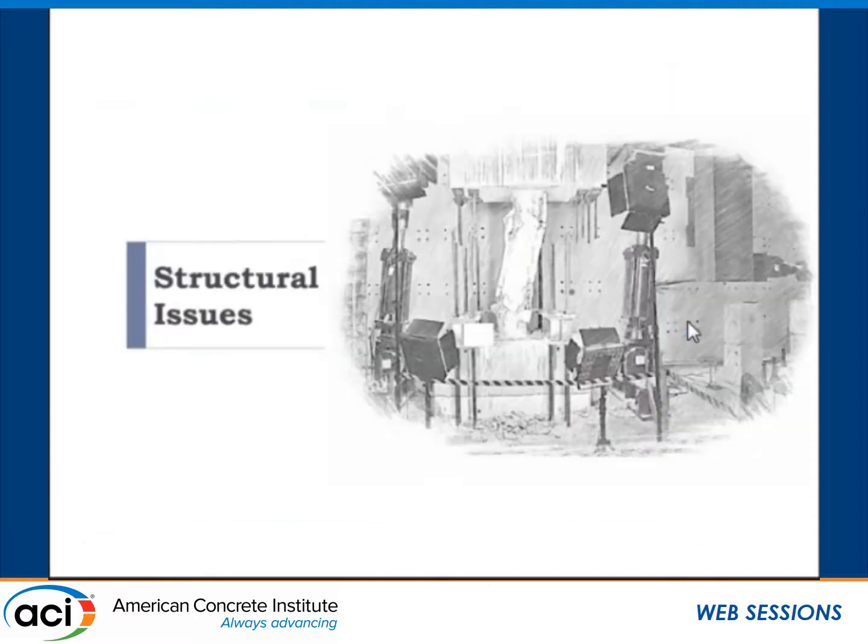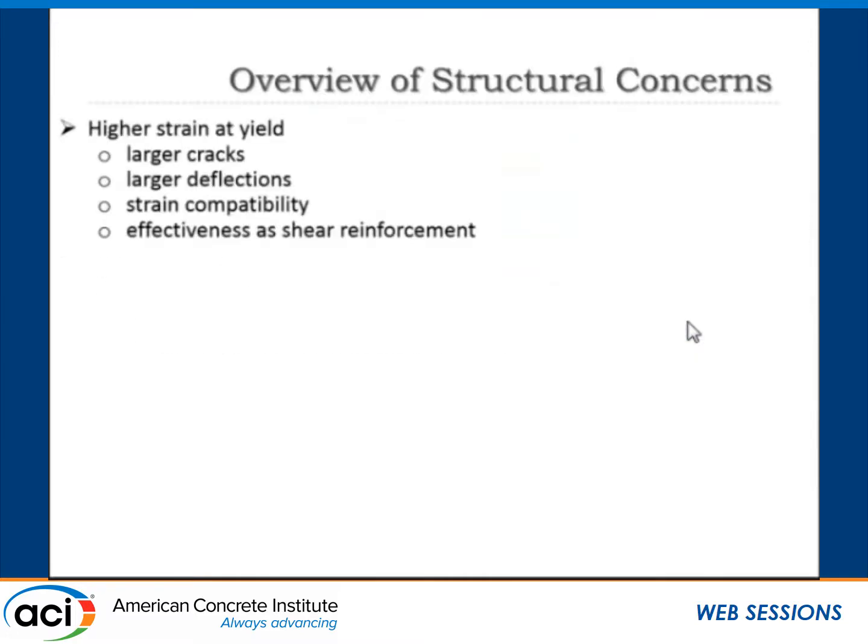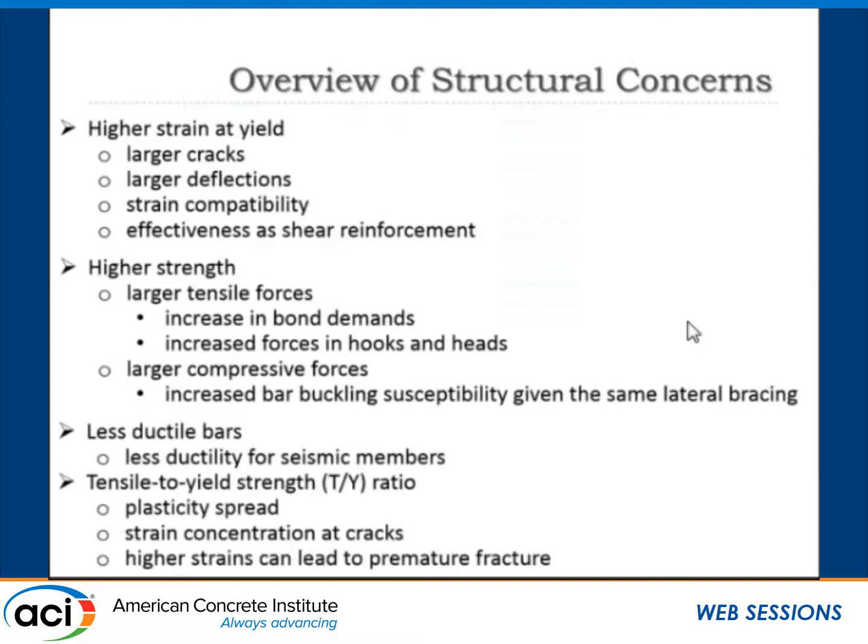So on the structural side of things, I made a laundry list. I don't expect you to read it all. We have higher strain at yield, which means larger cracks, larger deflections.